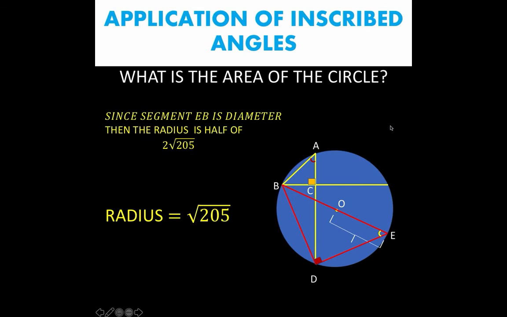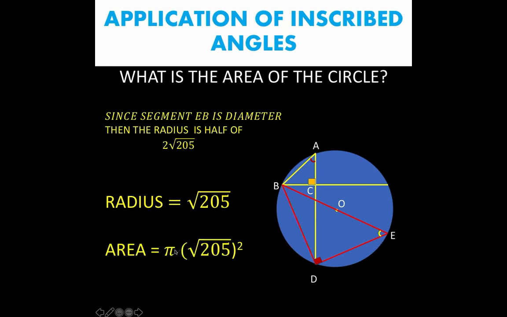And once we know the radius, it is now easy to compute the area of the circle, because the area of the circle is pi radius squared, where our radius is square root of 205. And simplifying, the area is 205 pi. So therefore, our final answer is the area of the circle is 205 times pi. In decimal, that is approximately 644 square units.